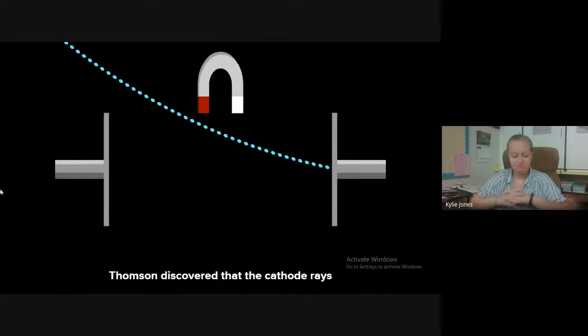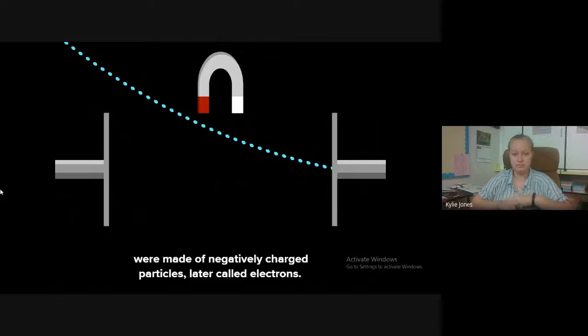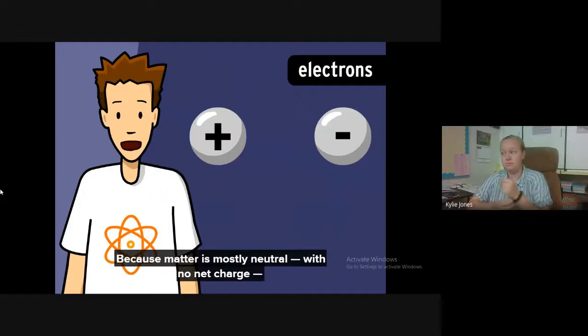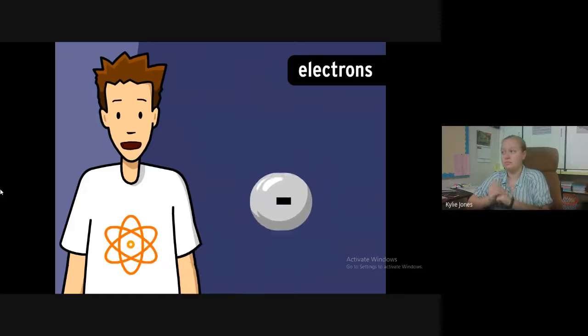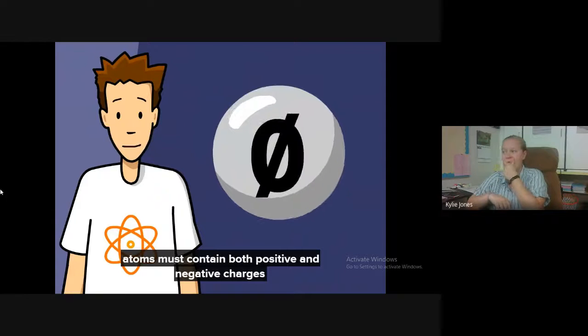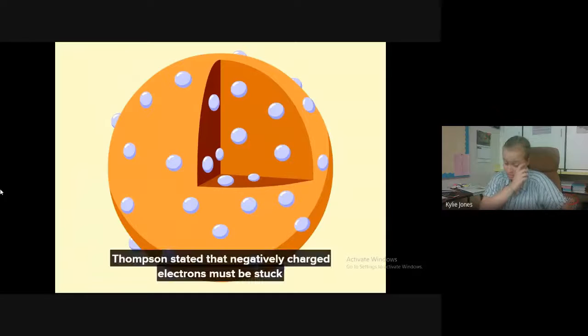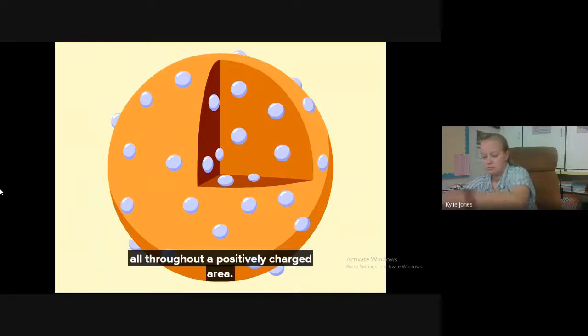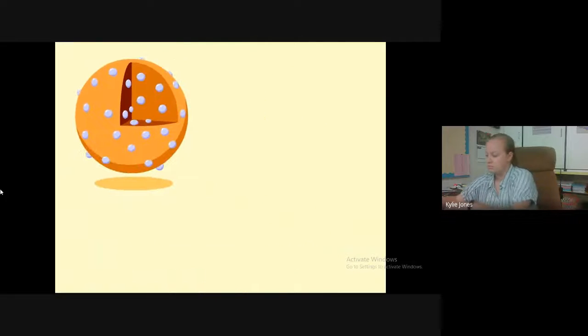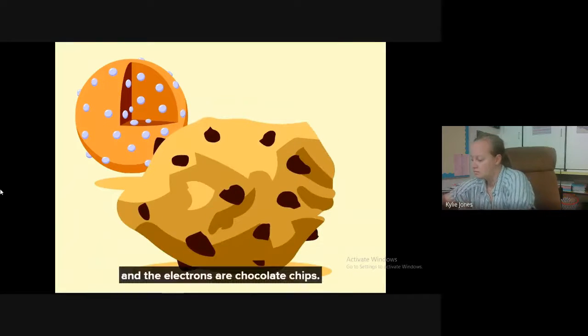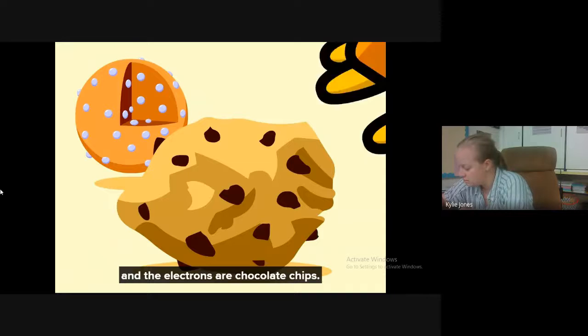Thomson discovered that the cathode rays were made of negatively charged particles, later called electrons. Because matter is mostly neutral, with no net charge, atoms must contain both positive and negative charges that cancel each other out. Thomson stated that negatively charged electrons must be stuck all throughout a positively charged area. Think of it like the atom is cookie dough and the electrons are chocolate chips.